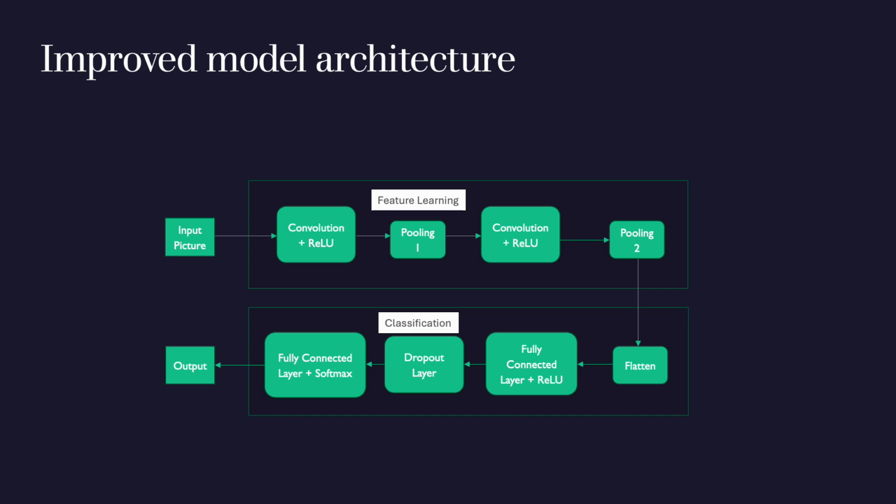A fully connected layer with the ReLU activation follows, which is subsequently regularized using a dropout layer. Finally, a fully connected layer with softmax activation produces the output probabilities. This refined layout is not only improved for feature extraction, but also helps the network to learn more robust representations.